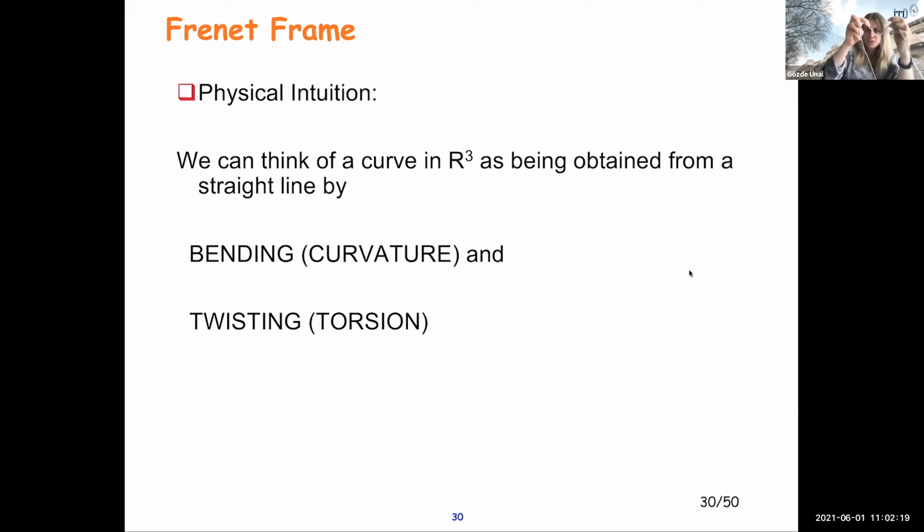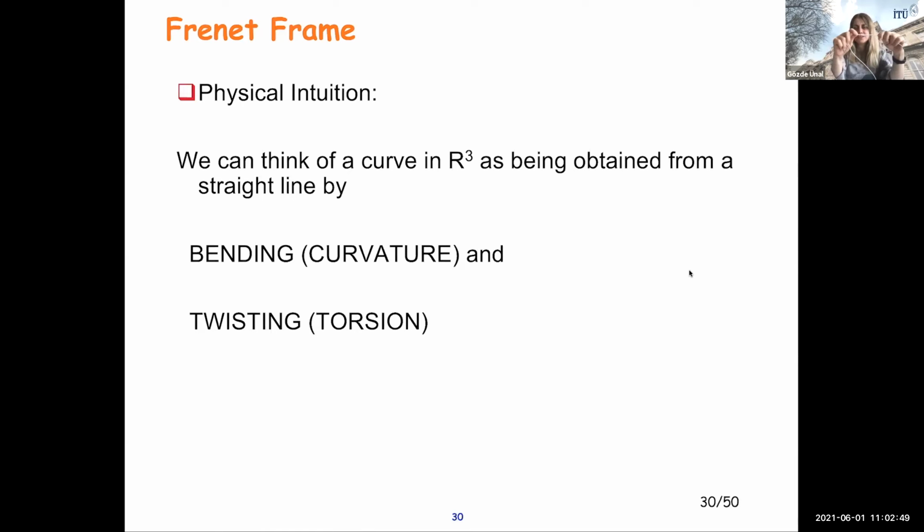Now, this was just curvature. Start twisting also in 3D, and you start having torsion also. So you introduce very much varying binormal vectors. With bending, your normal vector starts to change. With a straight line, curvature is 0, torsion is 0, the normal vector is constant, the tangent vector is constant.